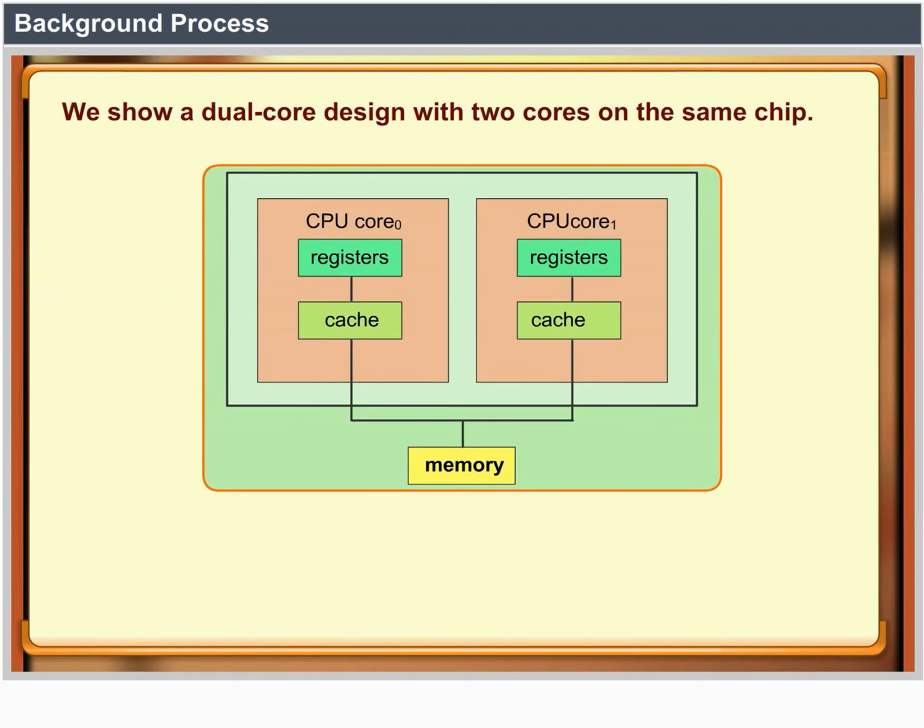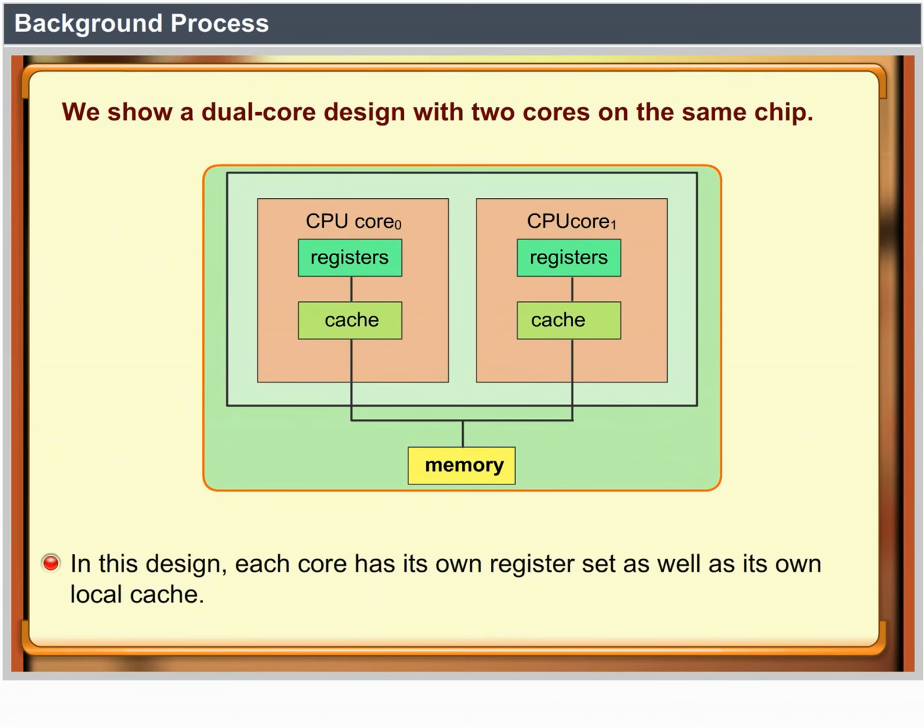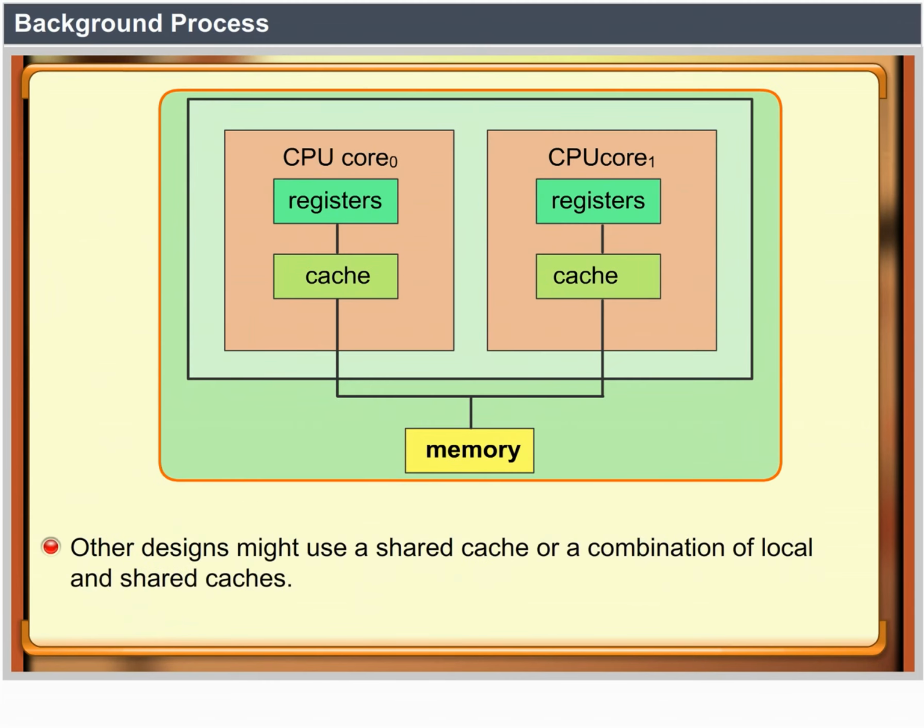We show a dual-core design with two cores on the same chip. In this design, each core has its own register set as well as its own local cache. Other designs might use a shared cache or a combination of local and shared caches.